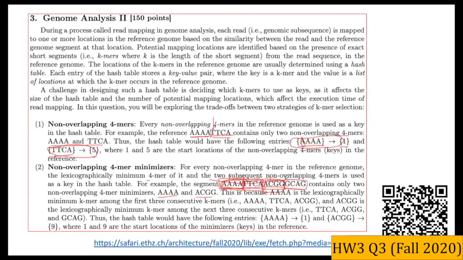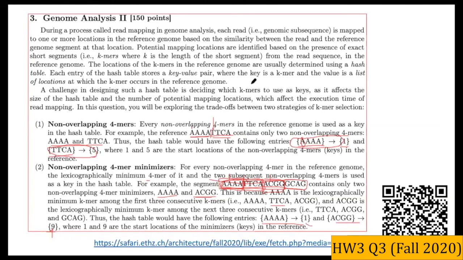Now we sort them, and then we pick the minimum as a minimizer, which is ACGG. I hope this is clear. This is exactly what we store in the hash table: the k-mer itself and the start location of each k-mer. Here's 9 and here's 1.